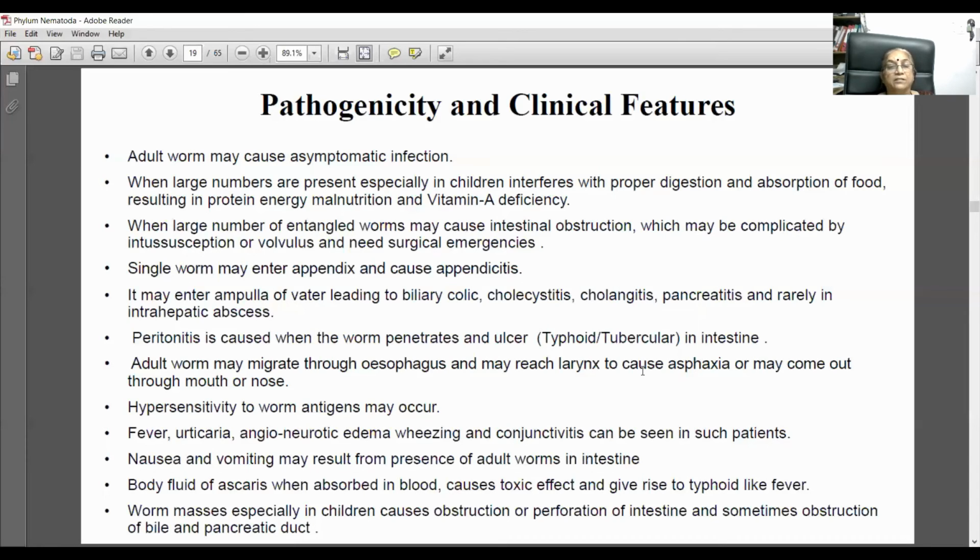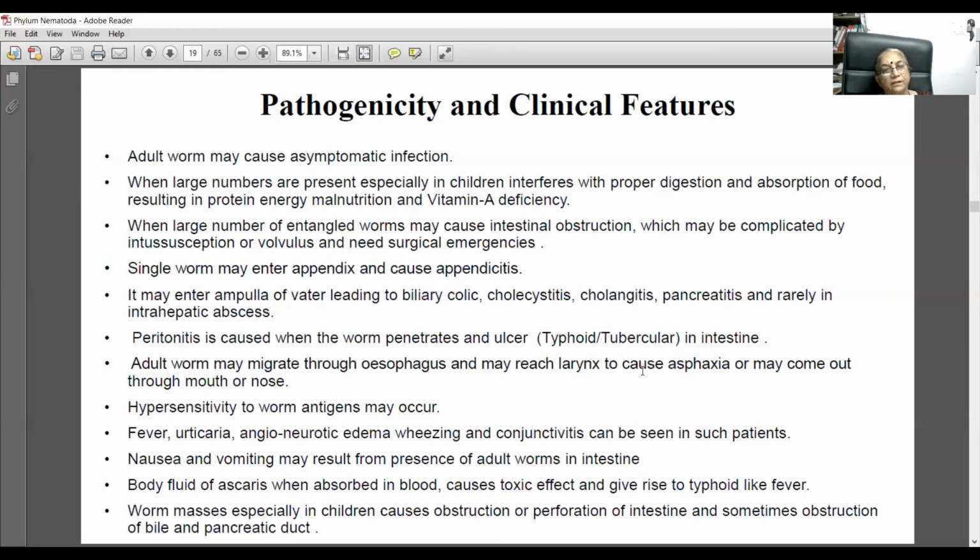At that time, I had told you that dyspnea occurs, difficulty in respiration occurs. This leads to wheezing. Conjunctivitis can be seen in patients, that is, whenever through circulation, even the eyes are infected, such things occur.